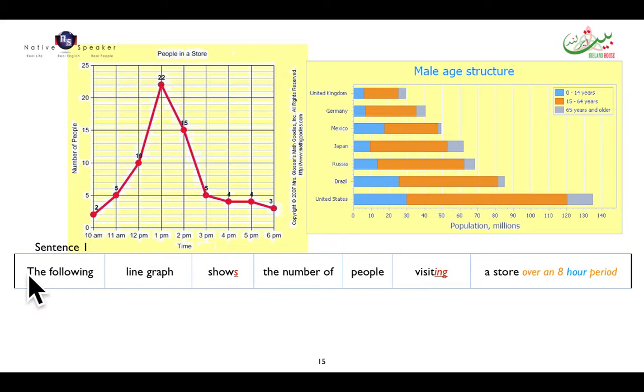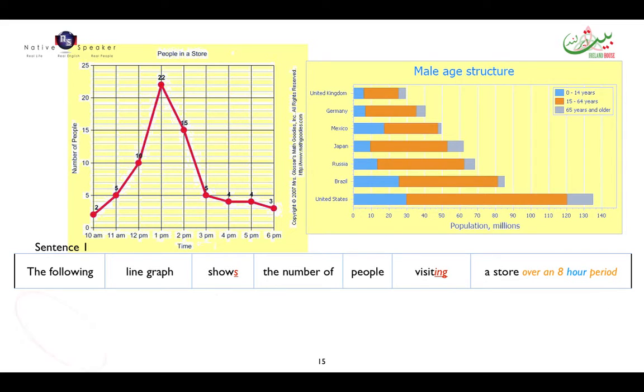So my suggestion is we'll start with the phrase the following. So the following line graph shows the number of people visiting a store over an 8-hour period, because here you see it's from 10 a.m. to 6 p.m. That's 8 hours, so we're going to say over an 8-hour period.